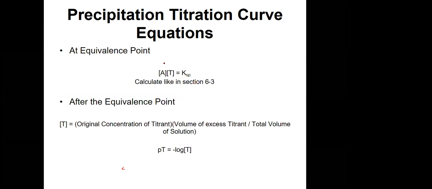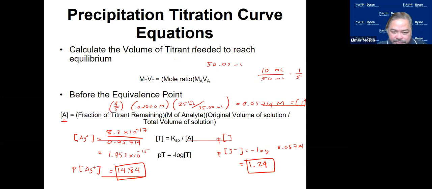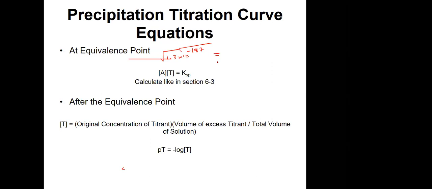Equivalence point. So all we need to do is get the square root of 1.3 times 10 to the negative, is that 18? 17. And that is equal to what? 3.61 times 10 to the negative 9.